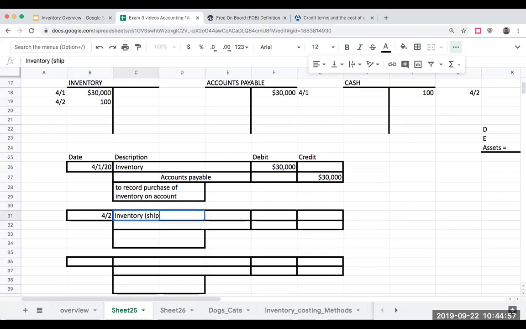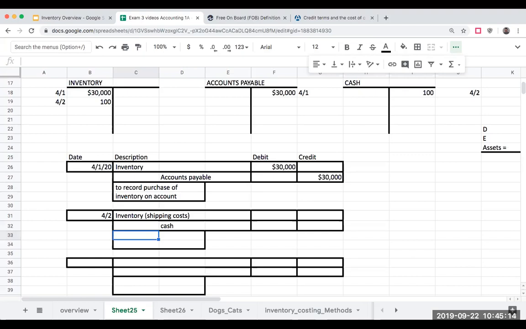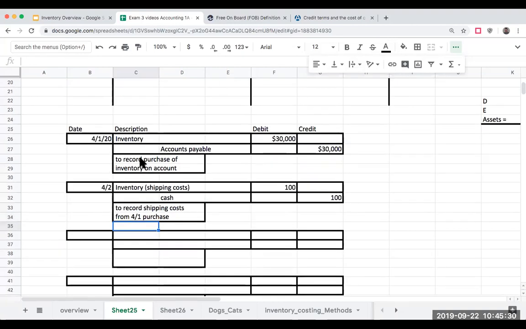This is going to be for the shipping costs. Because remember, what gets included in the cost of my inventory are my purchases, plus any kind of customs or tariffs, plus any shipping costs. And then I'm crediting cash for $100. And this is to record shipping costs from the 4/1 purchase.